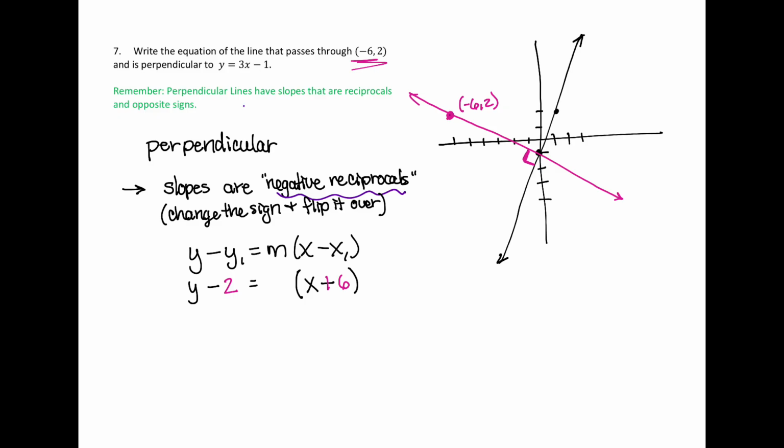Our original slope was 3. So the slope of the perpendicular, that is the symbol for perpendicular, by the way, upside down capital T, because the upright is perpendicular to the bottom, is, change the sign, flip it over, negative 1/3.